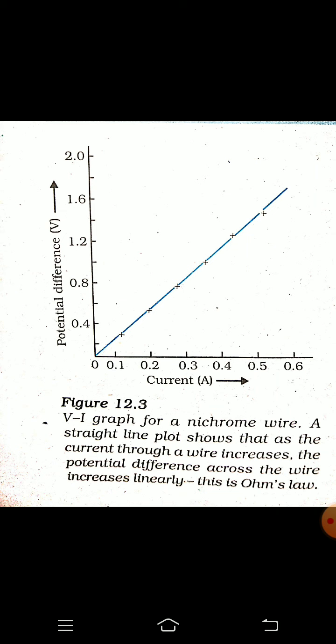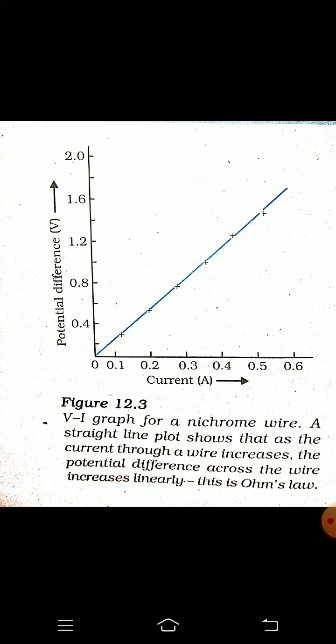In this activity, we find that approximately the same value for V divided by I, that is, potential difference divided by current, is obtained in each case. We have already seen that for each case the value is the same.